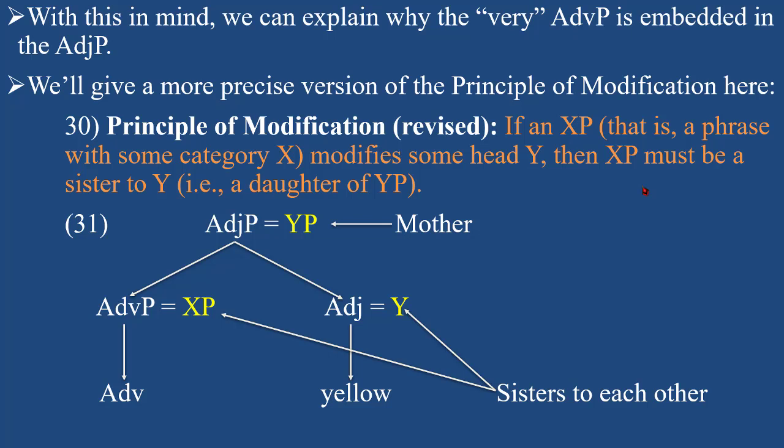Look at the example. So we have the head, that is the Y, and we say that the head is the YP, the big phrase, the big category, the YP.